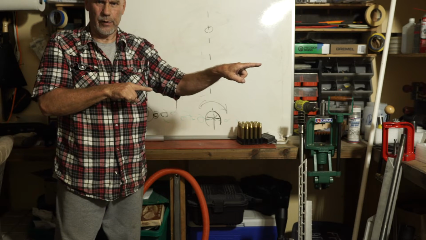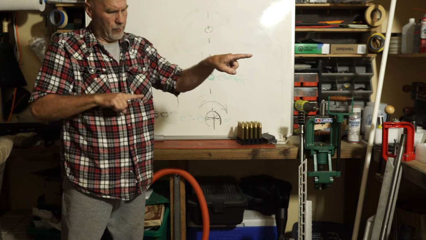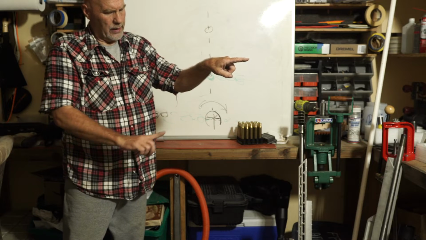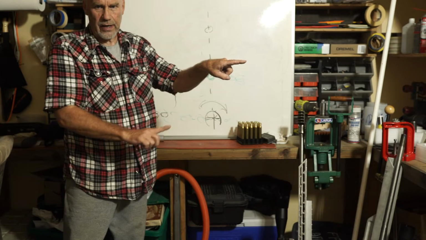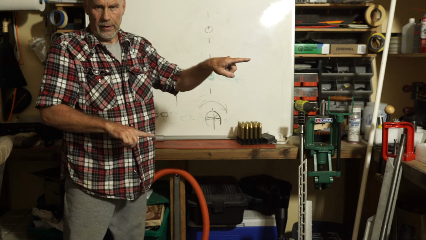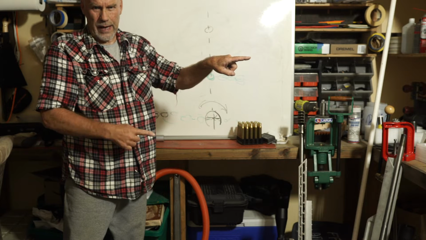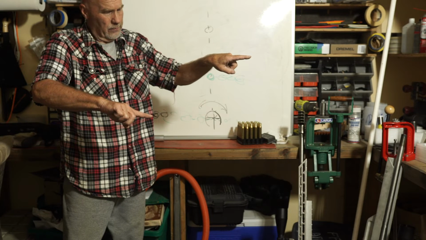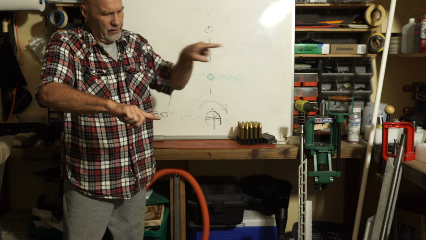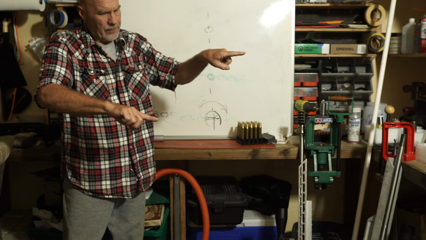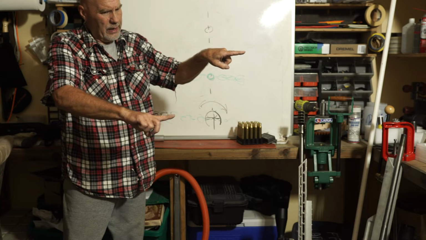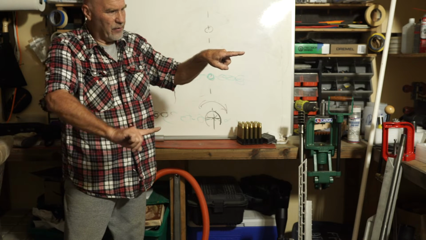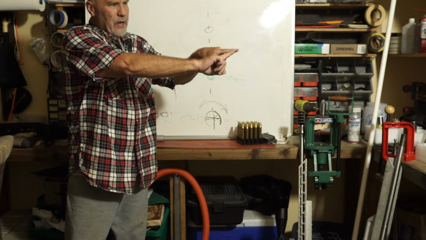Let me try it this way. If this is that point where your bullet comes up and intersects your line of sight, when you cant the gun, you're in effect swinging the gun one way or the other, and you're still looking down the line of sight, but your bullet comes up and originates off to the side, so it comes up through the line of sight, only it misses.